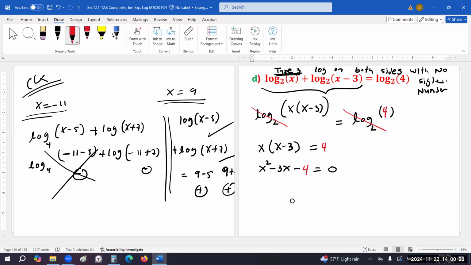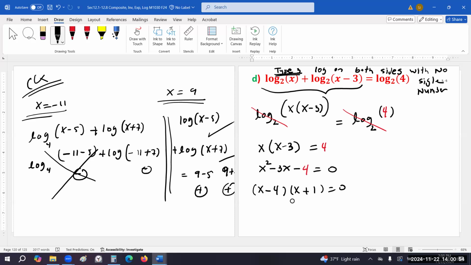If it's 4, we are happy, right? It's factorable. What two factors do we get? Plus 1 and minus what? 4. 4 times 1 is 4. 4 minus 1 is 3.